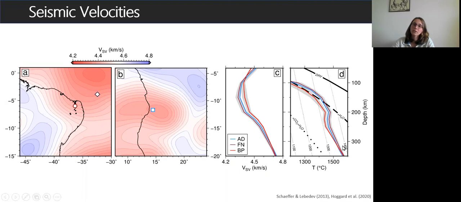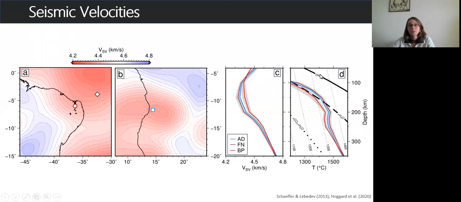So our three velocity models converted to temperature lie somewhere between 1300 and 1350 or so, maybe up to 1380 degrees potential temperature. So that is consistent with the geochemical story of we don't necessarily see a big thermal anomaly.